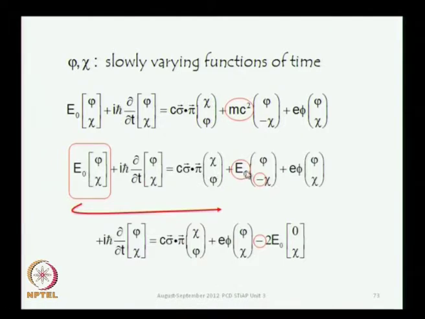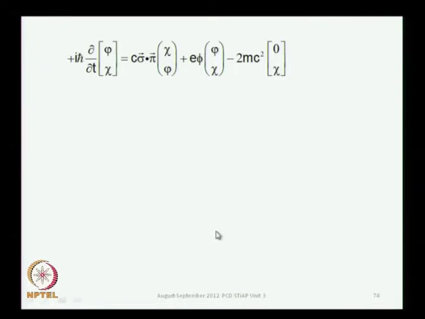This E0 together with this E0 and this minus sign will give you a minus 2 E0, but this term will cancel this one. So, you get minus 2 E0 chi over here. So, now let us analyze this relationship. All I have done is to move one term to the right hand side.